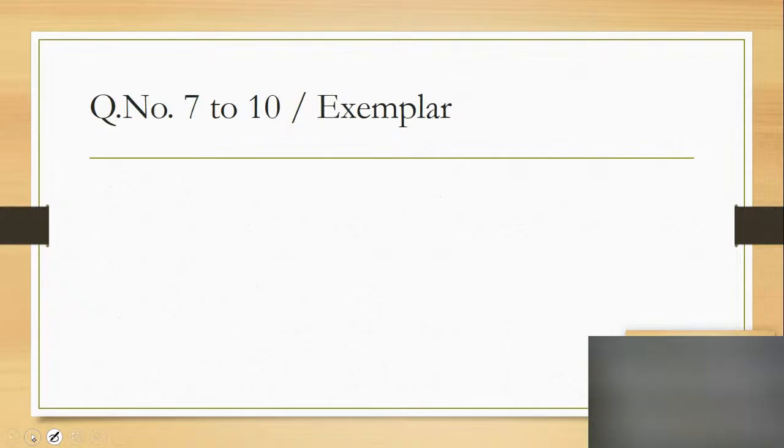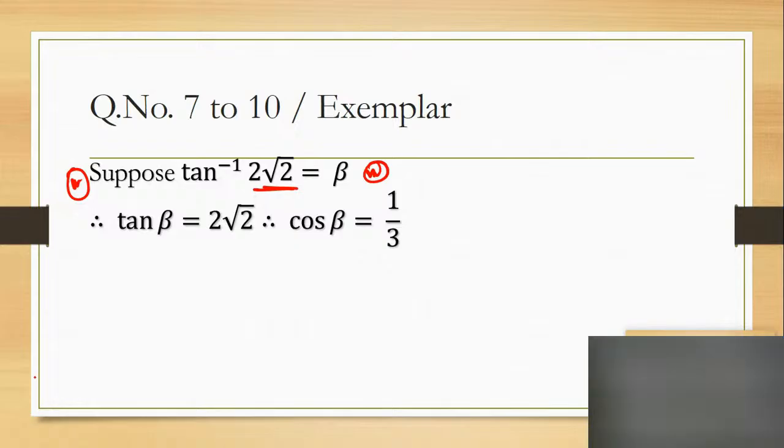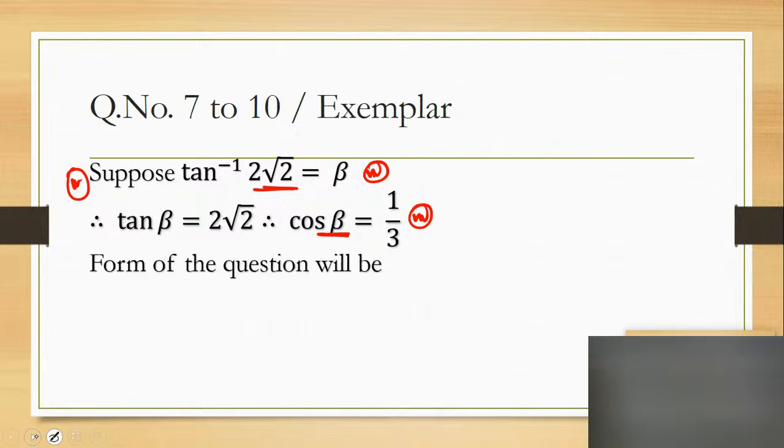So let's see once again. Suppose cos inverse 2 root 2 equal to beta. Therefore, here will be cos beta equal to 1 by root 3. Hope there is no problem to understand up to this step.